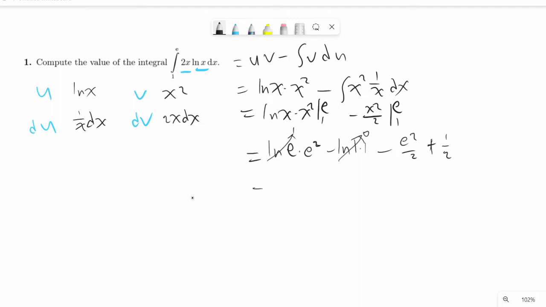Right, so here we have e squared minus e squared over 2 plus 1/2. Combine these, we will have e squared plus 1 over 2.